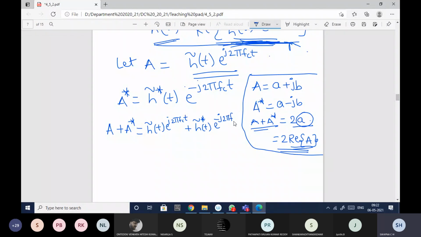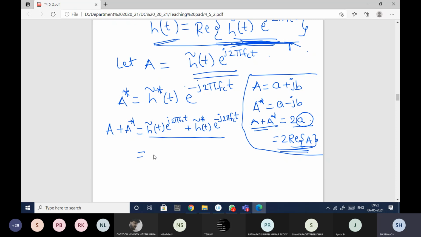Okay. Now if I add these two, what should be the resultant? See here, I have added A, I have added A star. So what is the resultant? 2A, right? So 2 times A. A can be represented as what? The real part of A. What is A I have taken? This one, right?